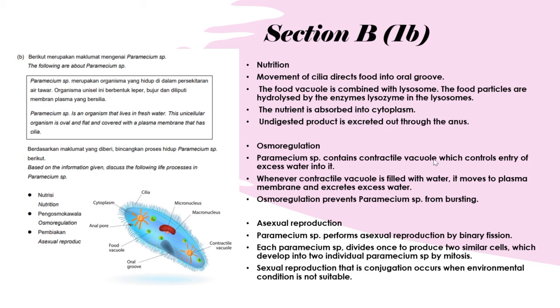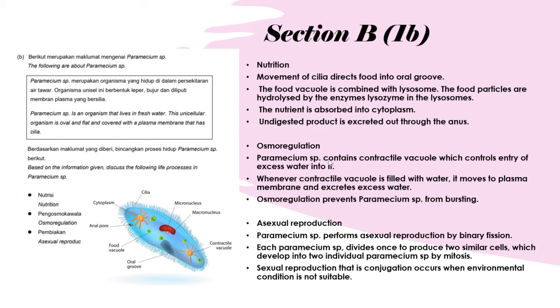It will regulate the amount of water in the paramecium. Whenever the contractile vacuole is filled with water, it moves to the plasma membrane and excretes the excess water. So osmoregulation prevents the paramecium species from bursting. You have to mention that the paramecium contains a contractile vacuole that regulates the amount of water.